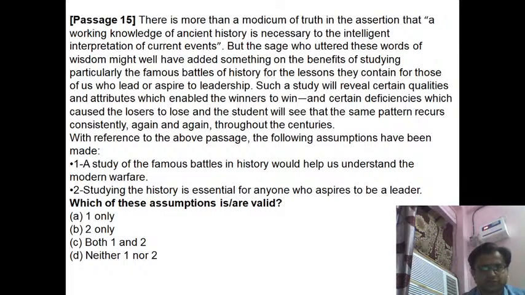Such a study will reveal certain qualities and attributes which enable the winners to win, and certain deficiencies which cause the losers to lose. And the student will see that the same pattern recurs consistently again and again throughout the centuries. With reference to the above passage, the following assumptions have been made.